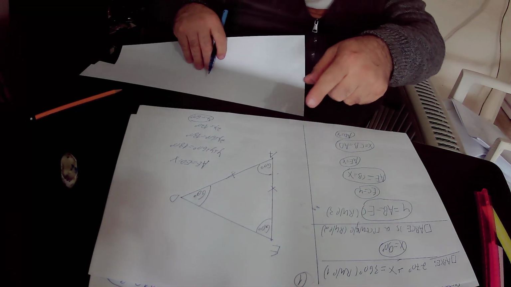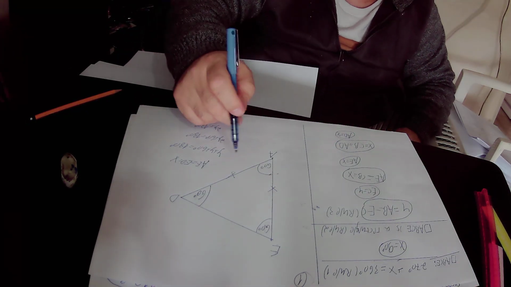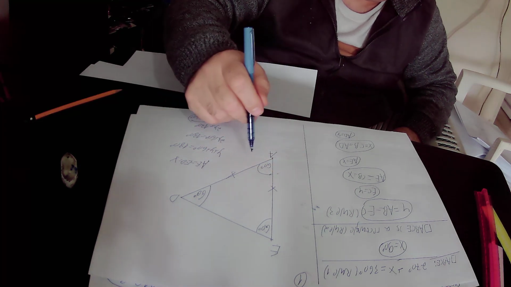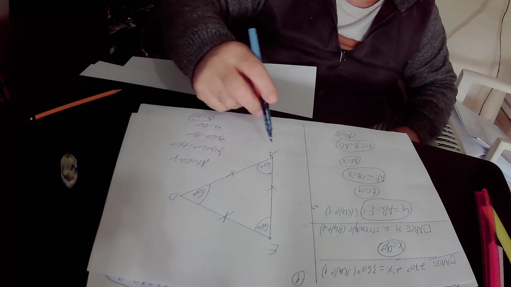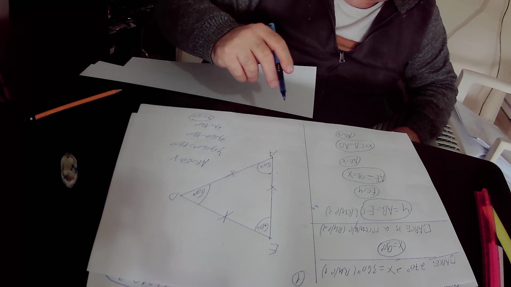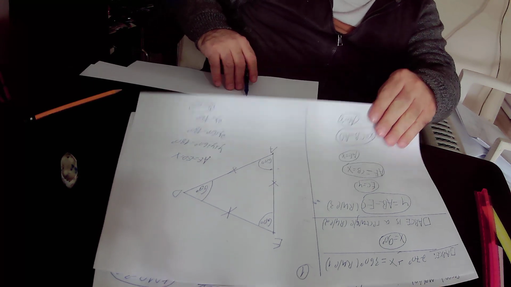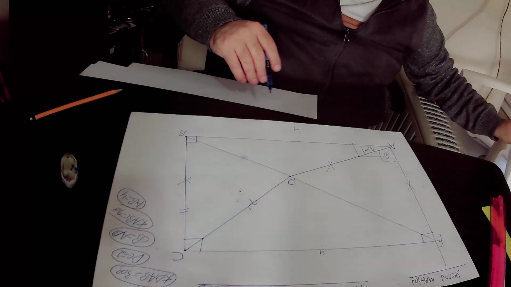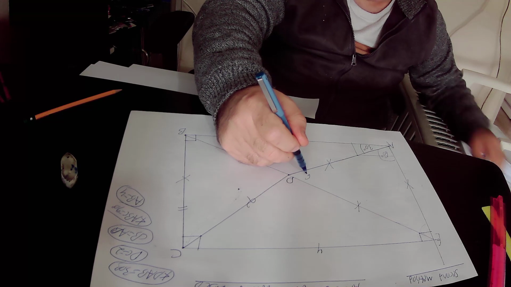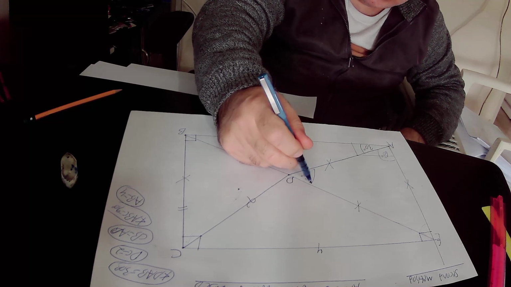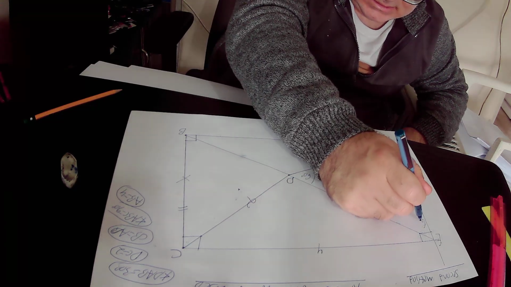It means that all of its sides are equal to each other, so if AD is x and AE is x, then ED also will be equal to x, and all of its angles are equal to 60 degrees.